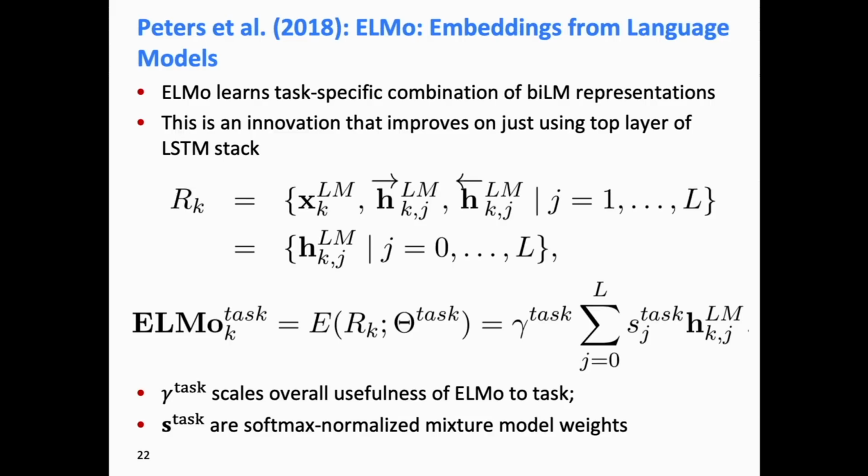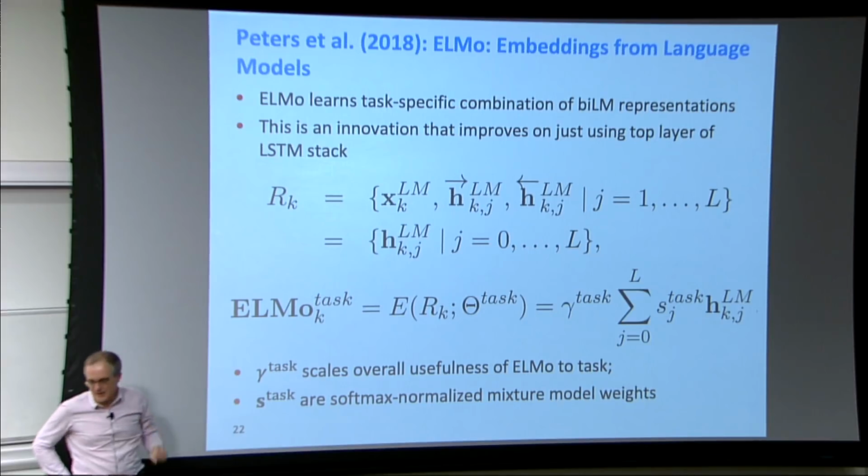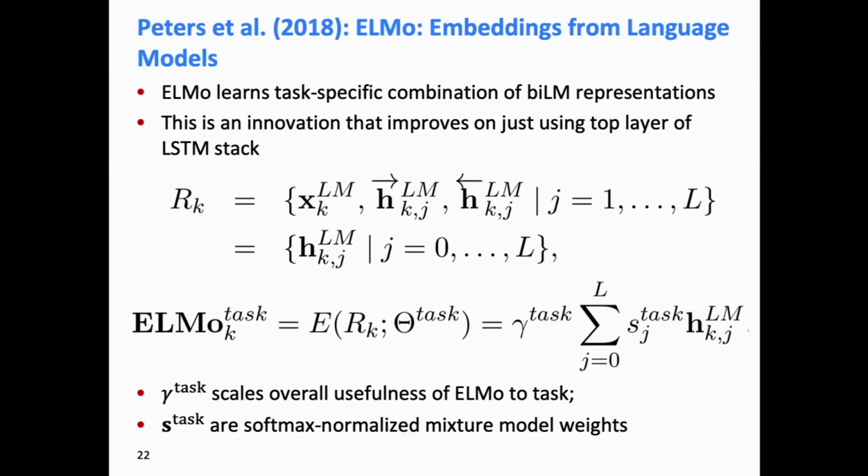But there's another interesting thing that they did, which was an important innovation of ELMo, so we should get this bit. So in TAG-LM, what was fed from the pre-trained LM into the main model was just the top level of the neural language model stack.